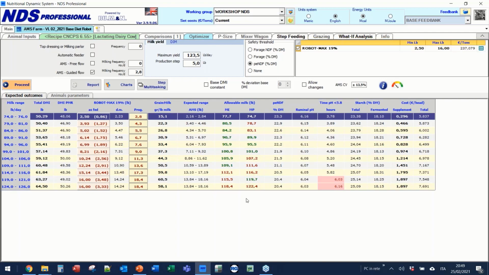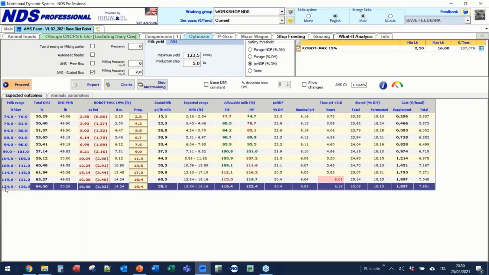the level we set for each step. And you can see that when we focus on the cows above 120 pounds per day, we are close for energy and we are almost perfect for protein.